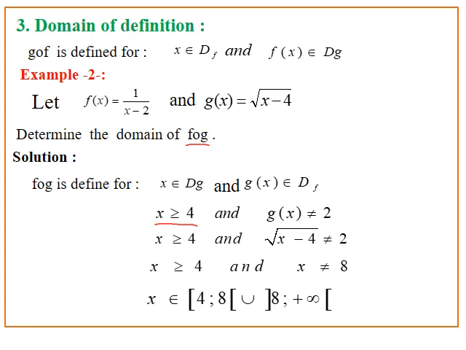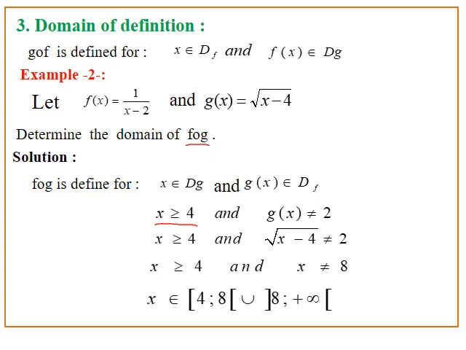And g of x belongs to the domain of f. The domain of f is all values of x except 2, so g of x should be not equal to 2. Since g of x is radical x minus 4, radical x minus 4 is not equal to 2.